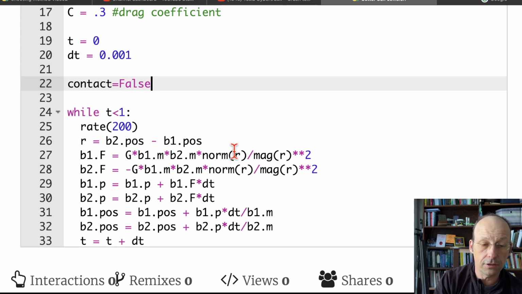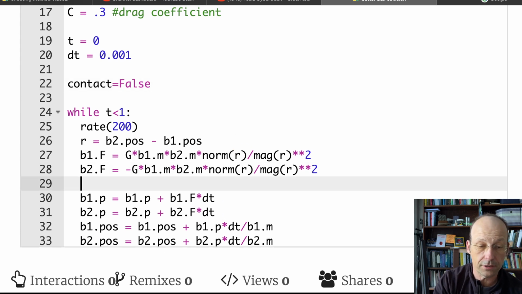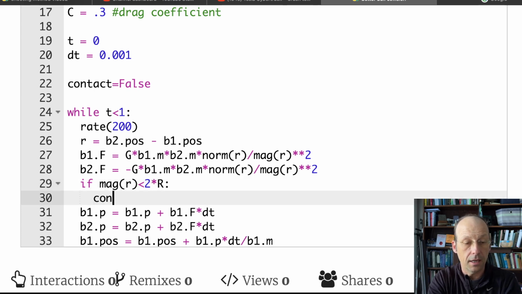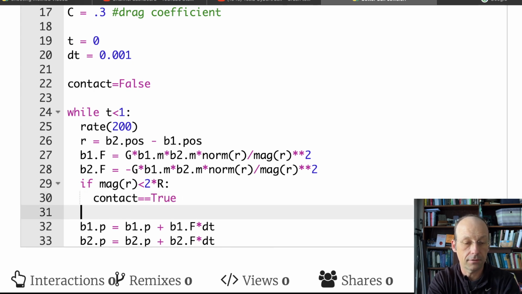So the first thing I'm going to do is calculate the forces. Now I need to see if I need to add to that force. So let's do this: if mag R is less than 2 times R, then contact equals true. They're in contact.